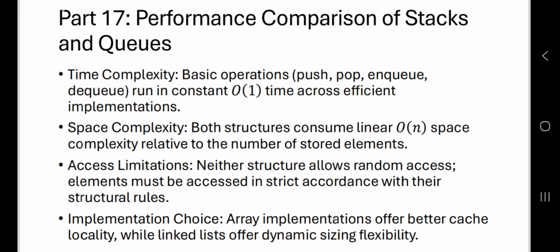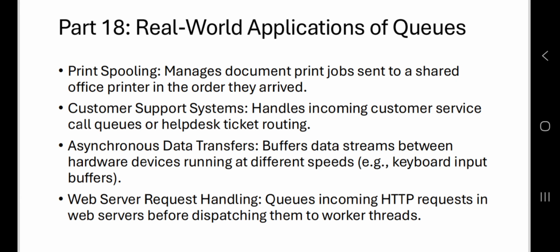Asynchronous data transfer, that buffers data streams between hardware devices running at different speeds, such as keyboard input buffer. Web server request handling, that queues incoming HTTP requests in web server before dispatching them to worker threads.